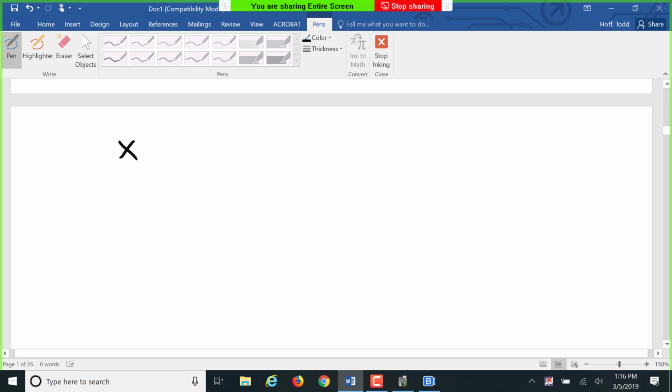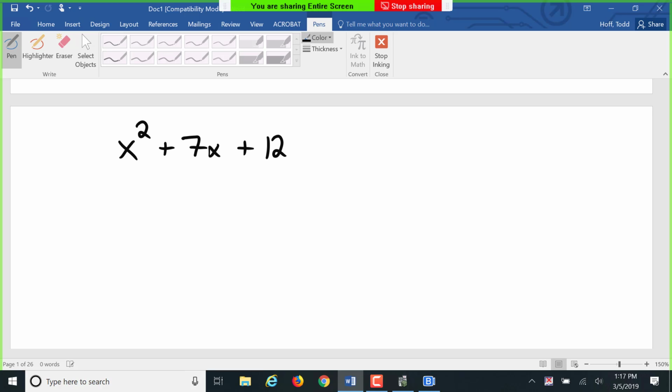So let's look at one where we didn't multiply it out to start with. So let's say we've got x squared plus 7x plus 12. First thing we should always look for, is there a common factor here at all? No, there's not.